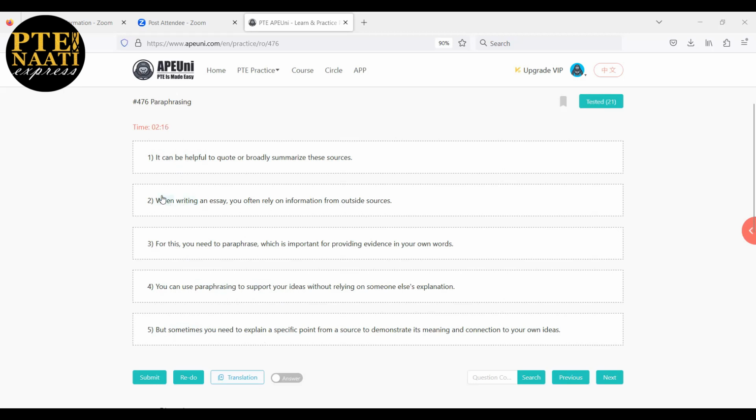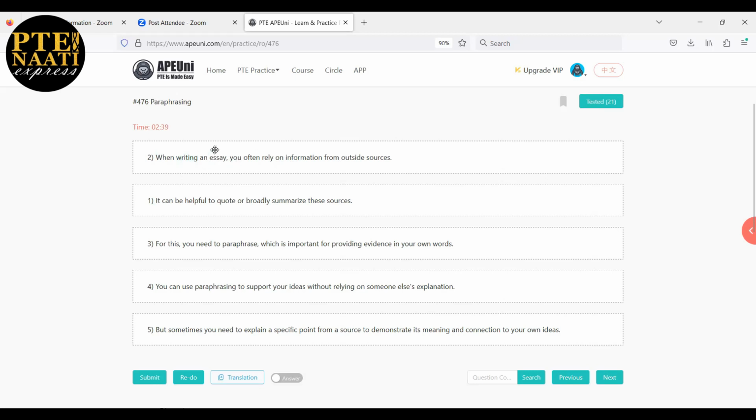When writing an essay, you often rely on information from outside sources.